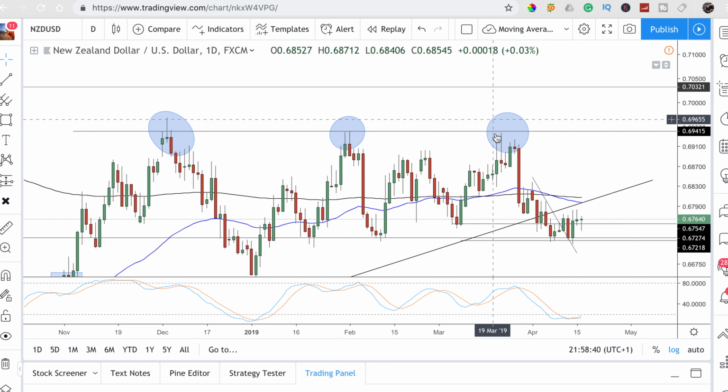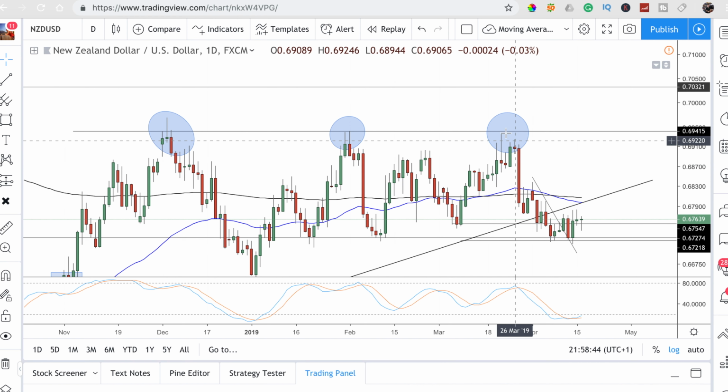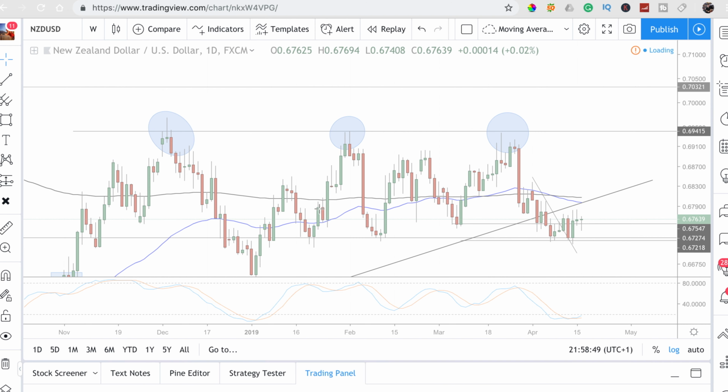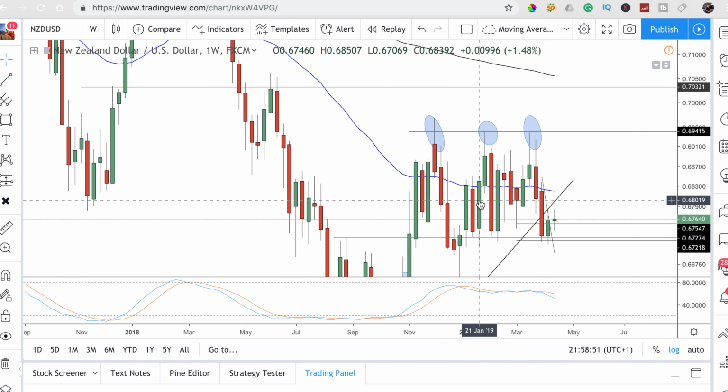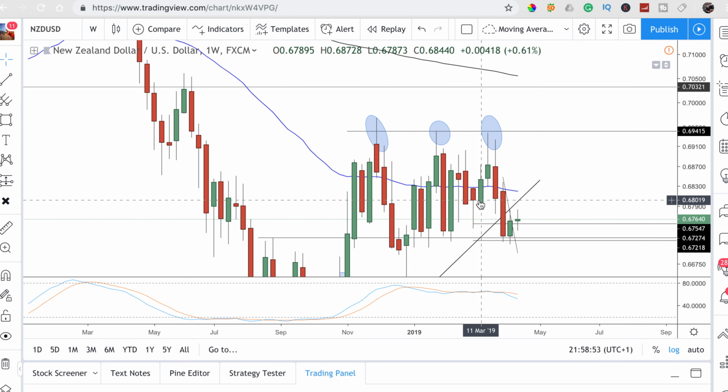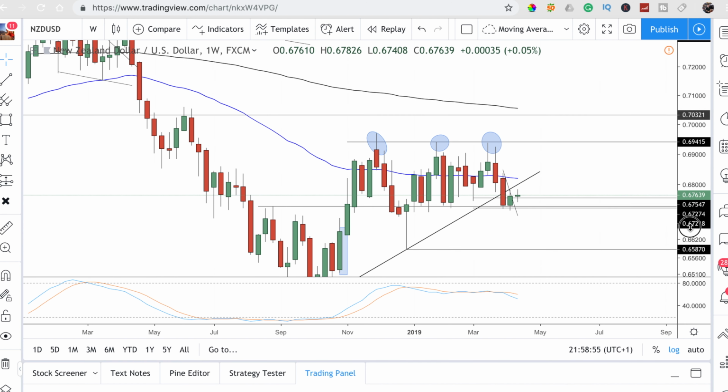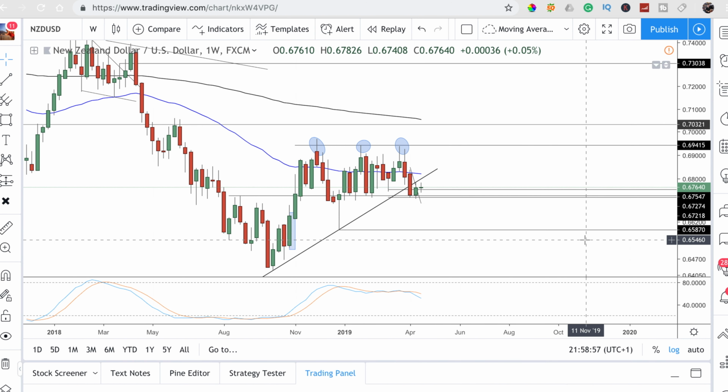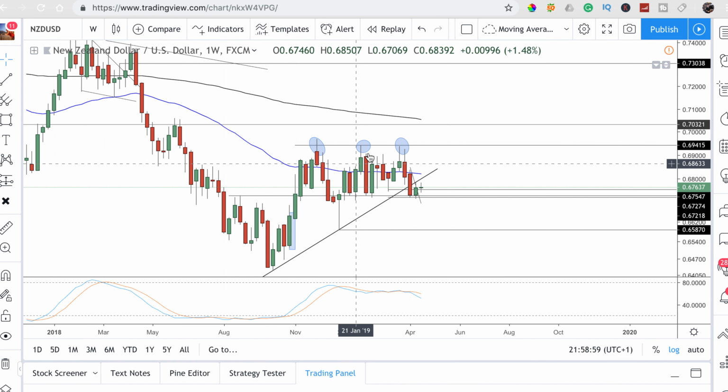So again, obviously, rejection, you had the candle there, pushed back up, and then obviously back down. So we have to go into the weekly time frame here. You can see the rejection, but here we had a nice shooting star and a hammer.